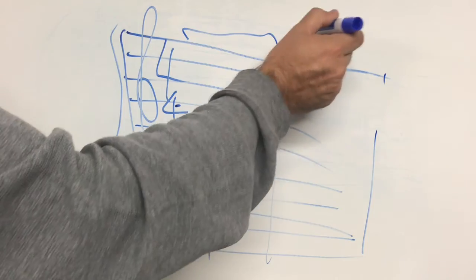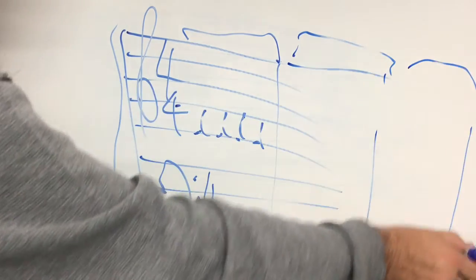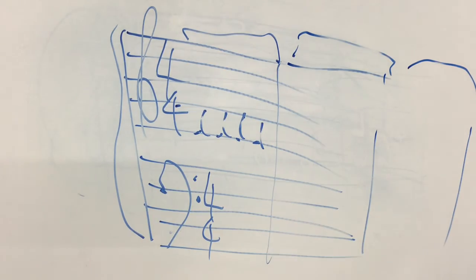Bar line, another bar, bar line, and how the notes are then put together. And that's why the notes have a different value. Some are worth 1, some are worth 2, some are worth 4, where they then last for the entire bar.